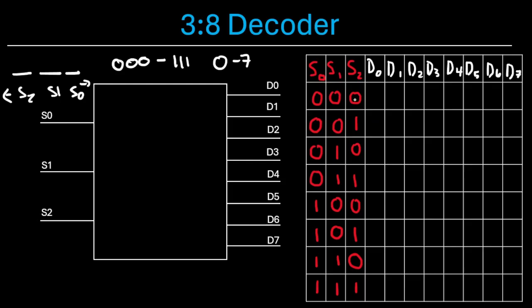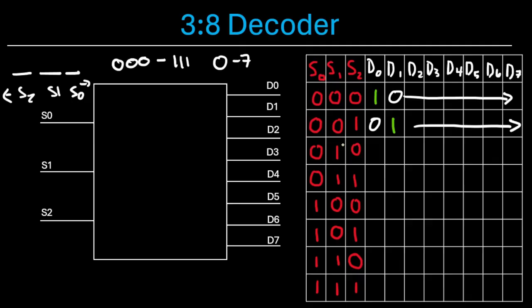Okay, so if we input 0, 0, 0, or binary 0, the D0 pin should be on, and all the other pins should be off. Okay, now if we input 0, 0, 1, or 1 in binary, our decimal 1 pin should be on, and again, all other pins should be off.